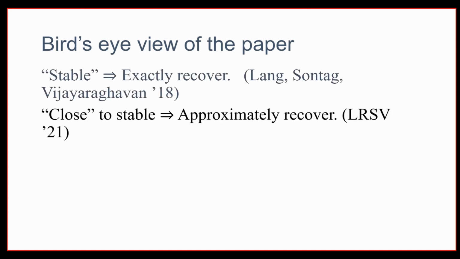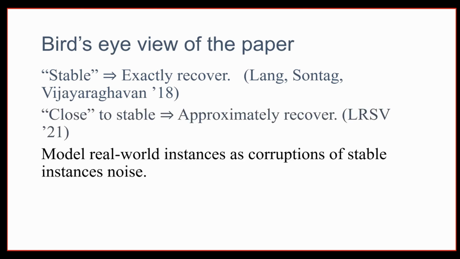And what we showed was that even if the underlying cost function is not stable, but it is close to stable, then you can still approximately recover the optimal solution. And we also showed that real world instances from computer vision can be modeled as corruptions of these stable instances with some noise. And we showed some experiments to back them up. This is only an overview. I'll go into the details.